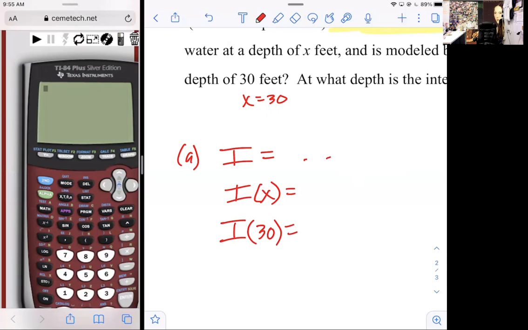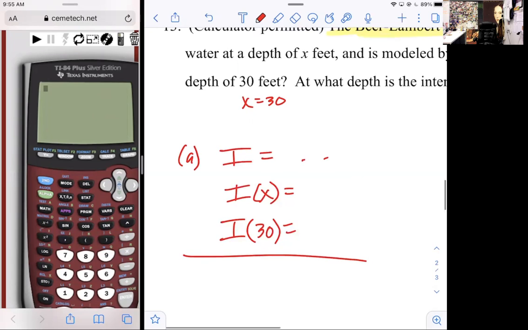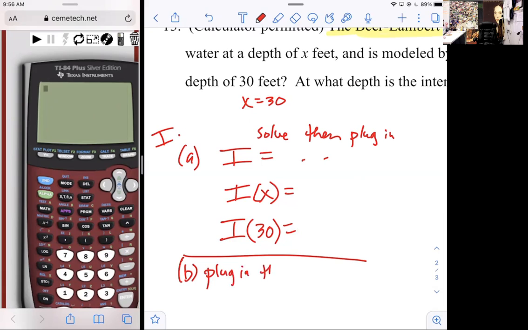Now, we could also plug in and then solve, okay? This would be solve, then plug in, versus part B or option B. We'll call this the first part I. Part B, we can plug in, then solve.